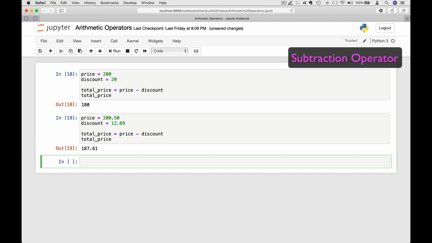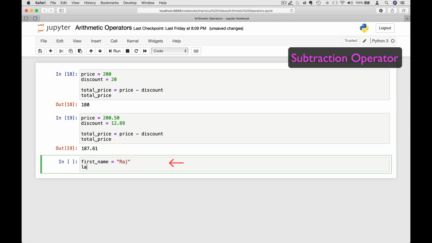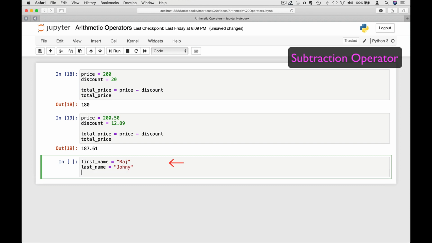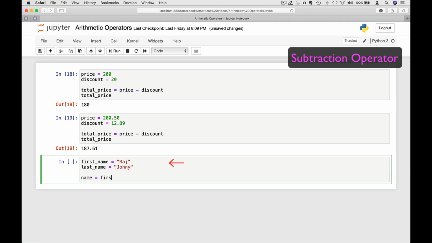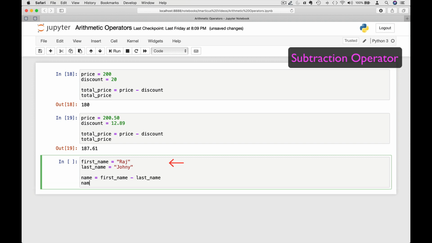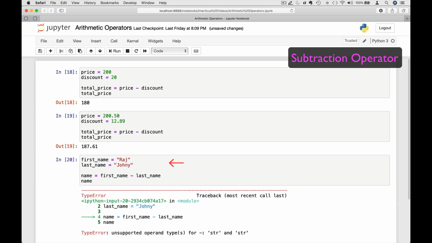which means the subtraction operator is working for both integer as well as float variables. Let us now apply the subtraction operator on the string variables. We say first name is equal to Raj and last name is equal to Johnny, and we say name is equal to first name minus last name, and we try to see what is the value of the name, and we see it gives an error.